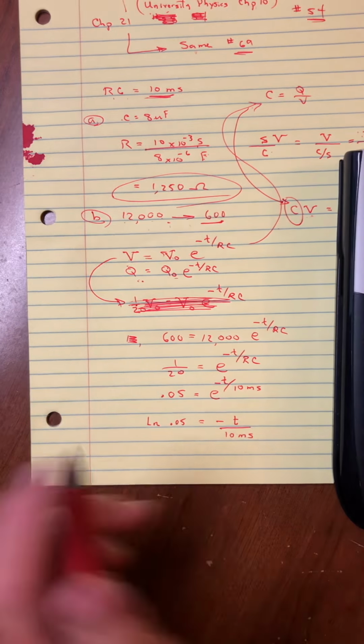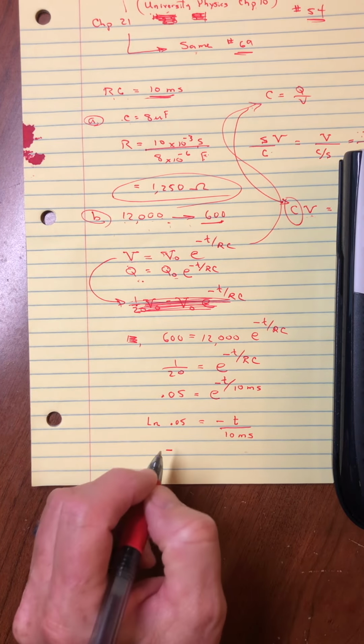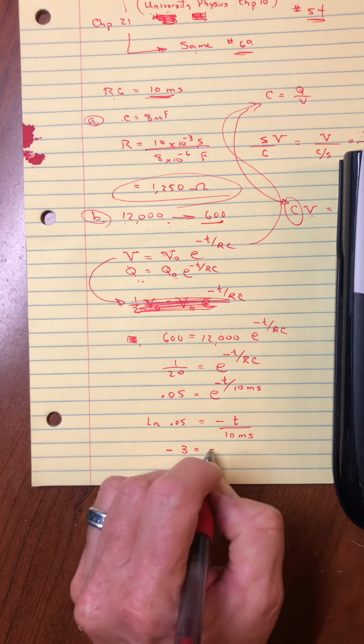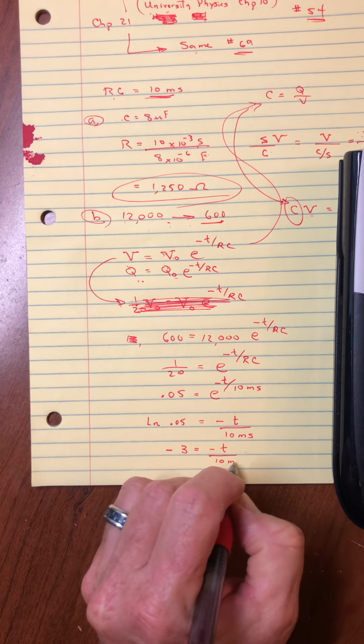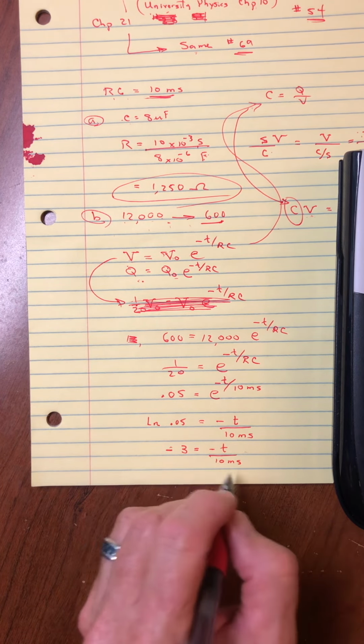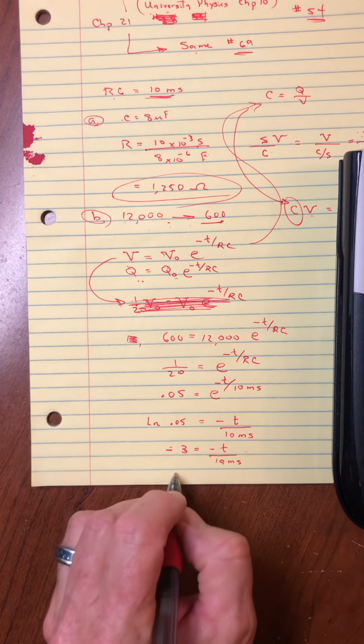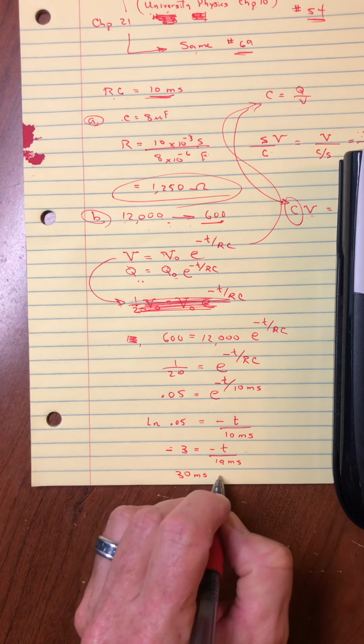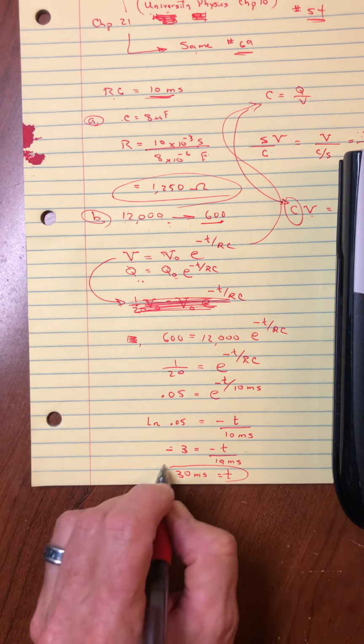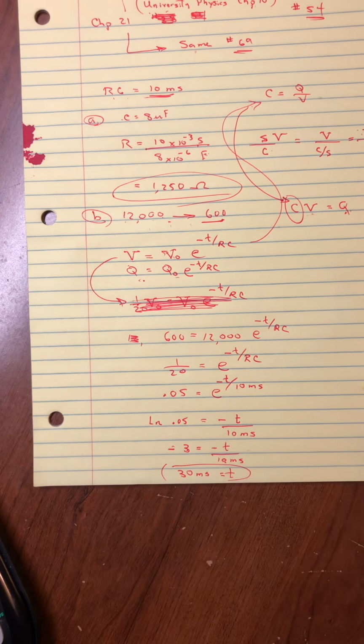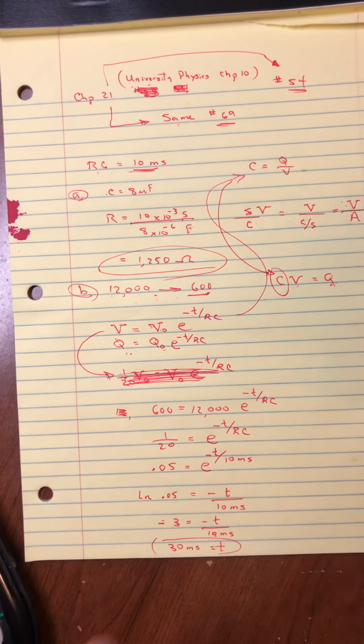Yeah, it's about -3. Okay, so -3 equals negative t over 10 milliseconds. The two negatives would cancel off. I'll bring the 10 over to here. That makes 30 milliseconds for the time. Yay! All right, so about 30 milliseconds. Okay, good. It wasn't too long of a problem, and it's a 2-for-1. Nice.